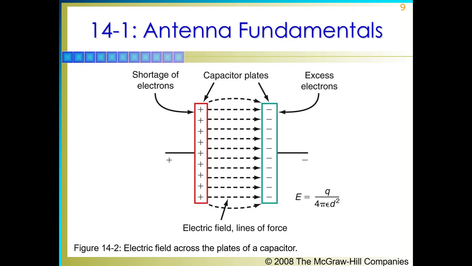The SI unit for electric field strength is volts per meter. Permittivity is the dielectric constant of the material between the two conductors. The dielectric is usually air or free space, which has an epsilon value of approximately 8.85 times 10 to the minus 12, and epsilon r is the dielectric constant of the medium.